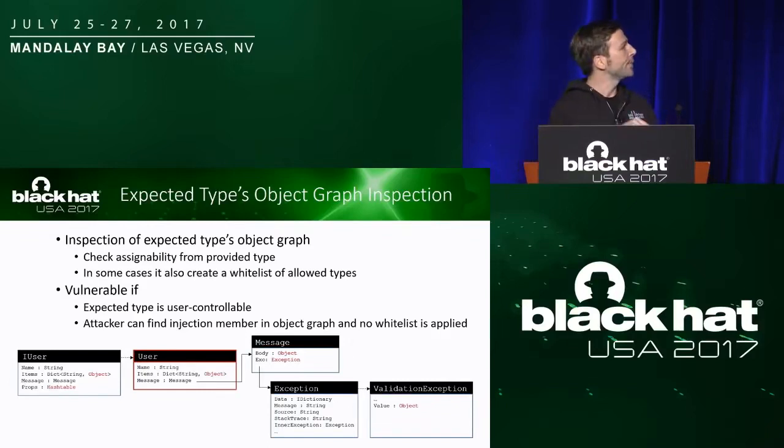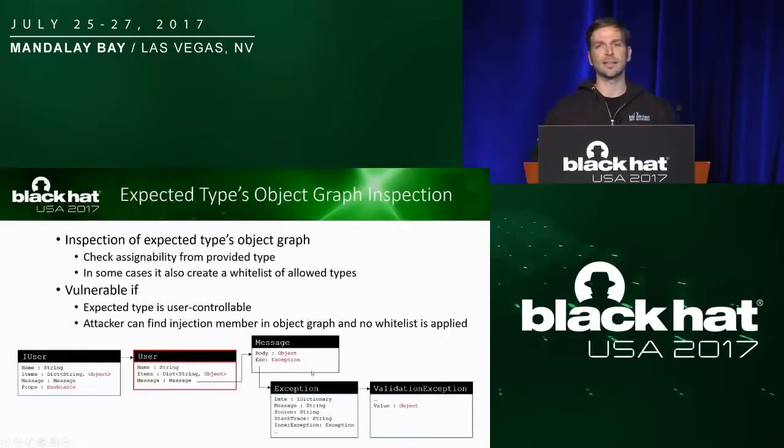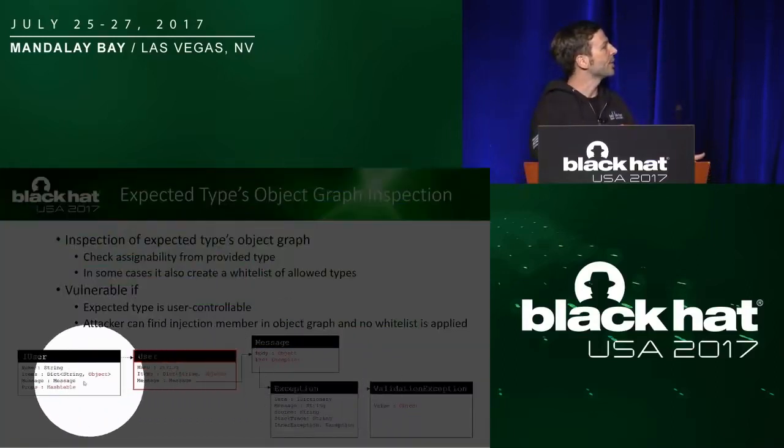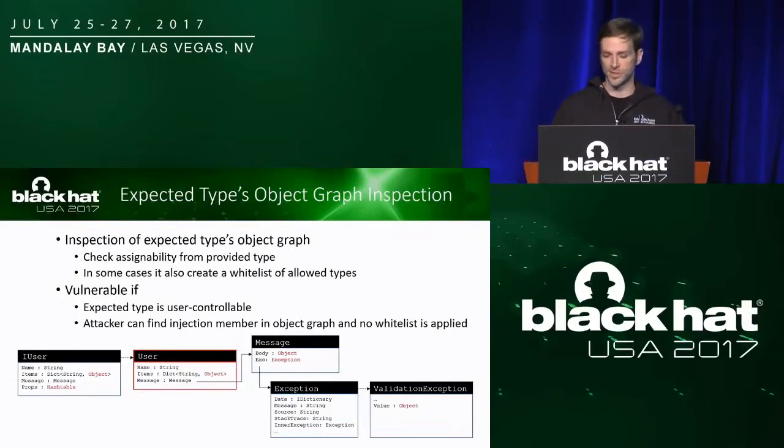So for example, in this simple object graph, all the elements in red are entry points that the attacker can actually use to place their payload. That may be, for example, a System.Object type, or a non-generic collection like a Hashtable or an ArrayList. In our paper, we have a more detailed explanation of how to find these entry points in the object graph.